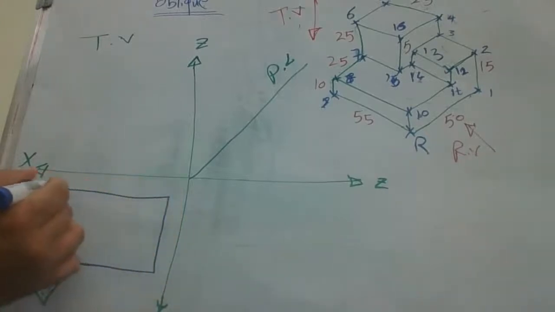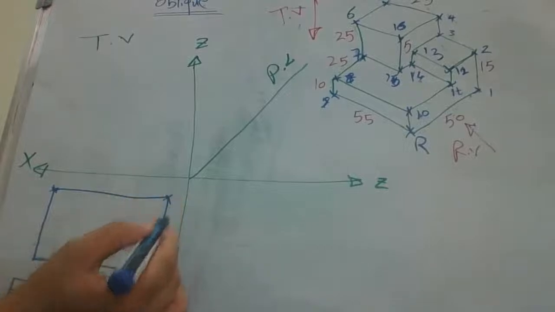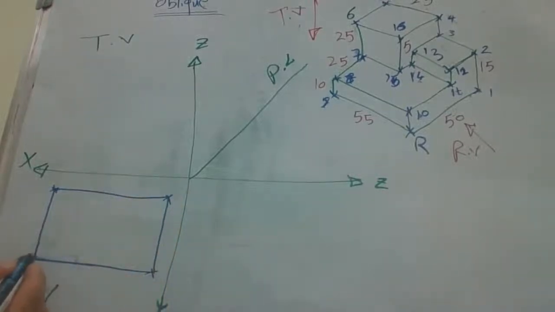This is the standard shape of the projection. Let me just write here 55 millimeter, and here the height is 35 millimeter.